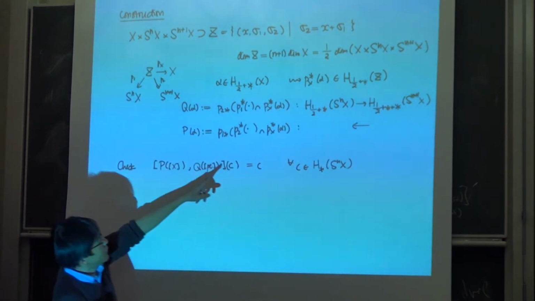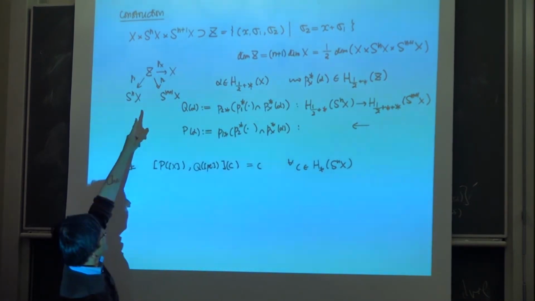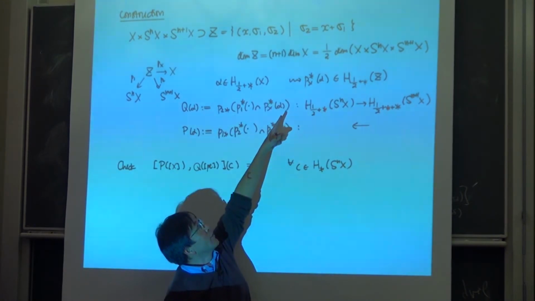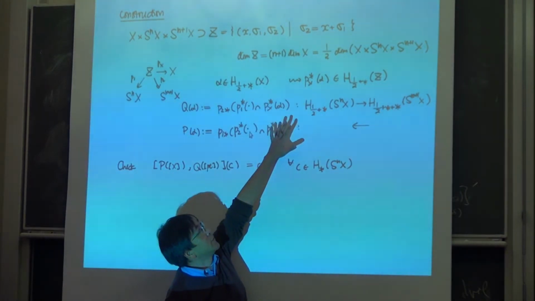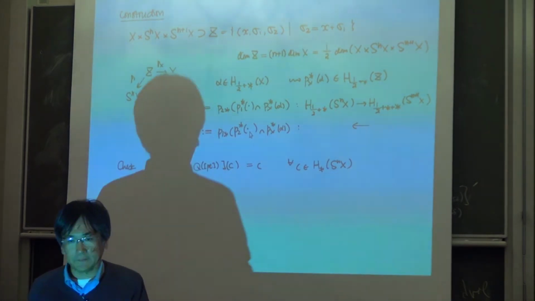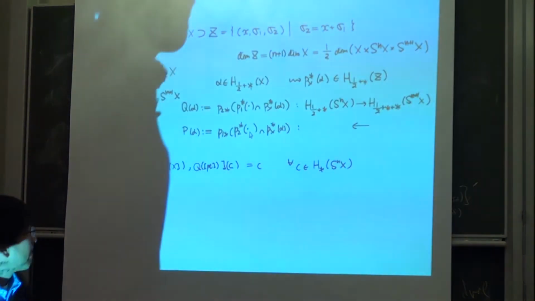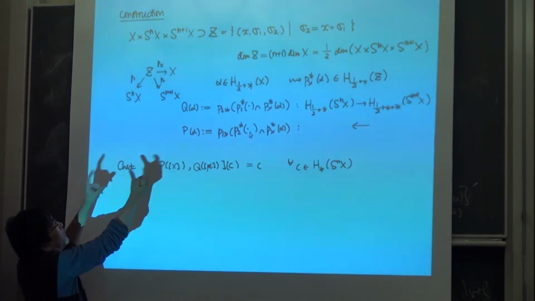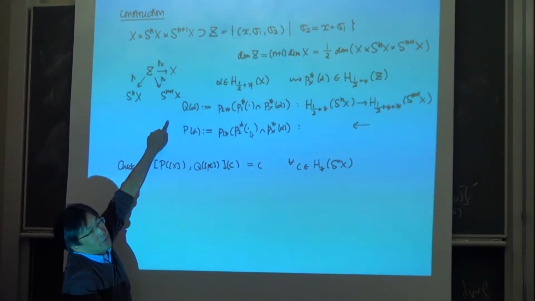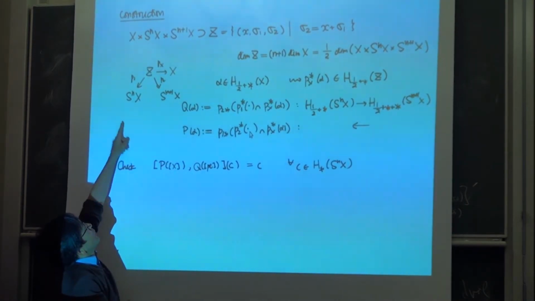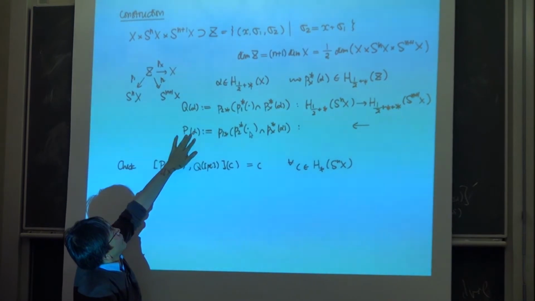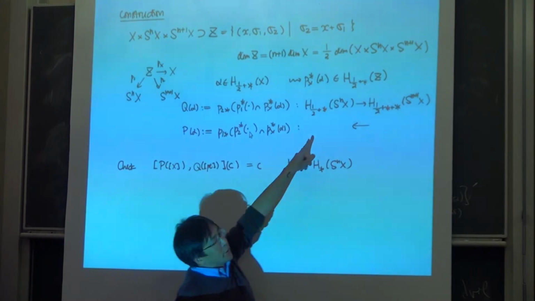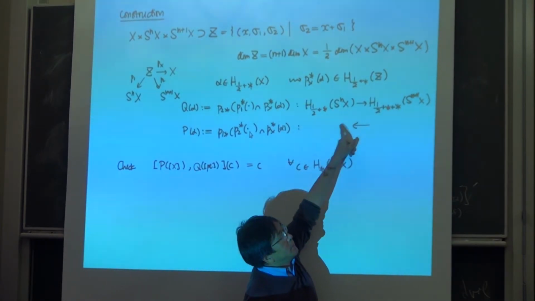The only difference is that in the middle, on Z, you take a product with this homology class P_X alpha. P alpha and Q alpha are very similar, just changing the roles of S^n and S^(n+1). Instead of pulling back from the first factor, for P alpha you pull back from the second factor. So then you get the operator in this way.